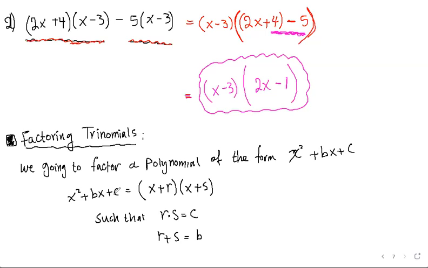When multiplied, these two numbers give me c, and the summation of these two numbers gives me b. Let me give you an example to explain what I said.